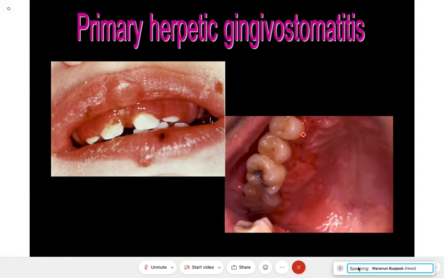Can you see this one? Single small ulcer, right? Round ulcer. And you can see something like this in some areas, and large irregular lesions like that. What you have to notice is that a small round ulcer like that is normally caused by the breaking down of a small vesicle.